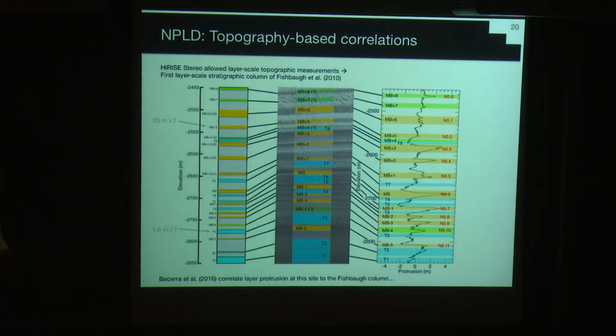And so later on, in a paper that we published last year, we looked at layer protrusion at this site and a number of other sites by increasing the HiRISE DTM coverage, and we were able to correlate the topographic expression of the layers to these layers in the Fishbaugh et al. column, as you can see here.